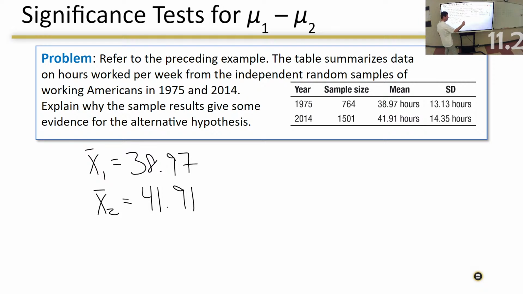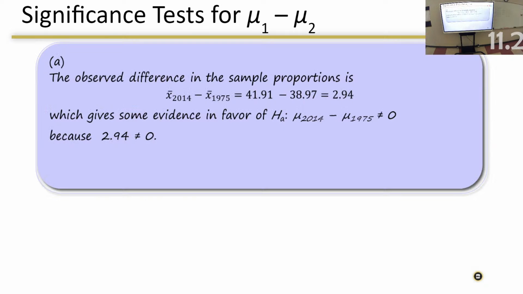They are different. 38.97 does not equal 41.91. That gives me some evidence. Is it statistical evidence? I don't know yet, but it gives me some evidence. They told me what the difference was, which was 2.94, which is not 0. I think my way is actually a little bit easier. I didn't have to do any math.